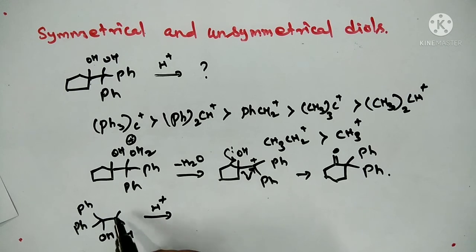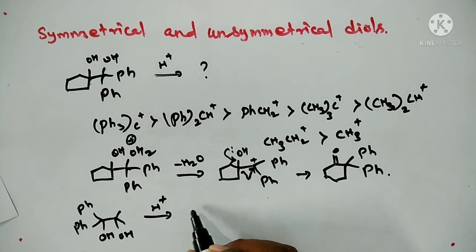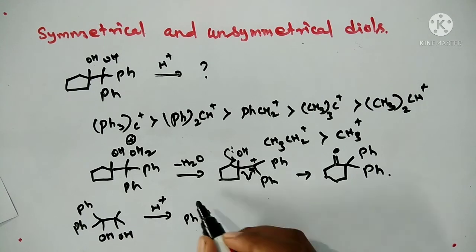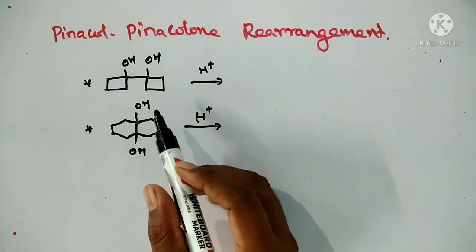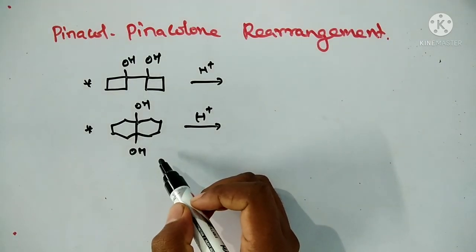So you will get methyl migration. The result is phenyl, phenyl, methyl, and you get a product. I am giving two problems here for you to solve at home.